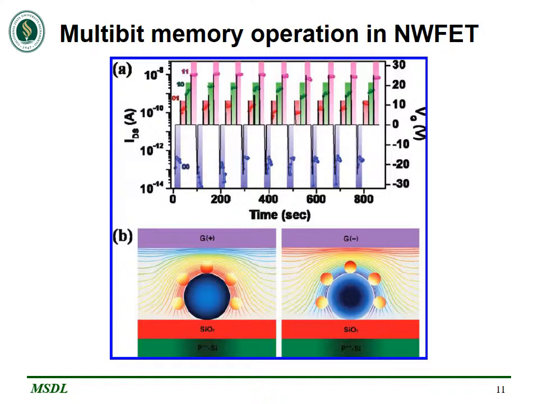Figure B shows a schematic view of a simplified polarization model of the ferroelectric surrounding a nanowire. The line shows the electric field distribution between a zinc oxide nanowire and a gate electrode. Electric dipole moments are reoriented along the electric field lines, resulting in different polarization states according to the gate electric field strength.